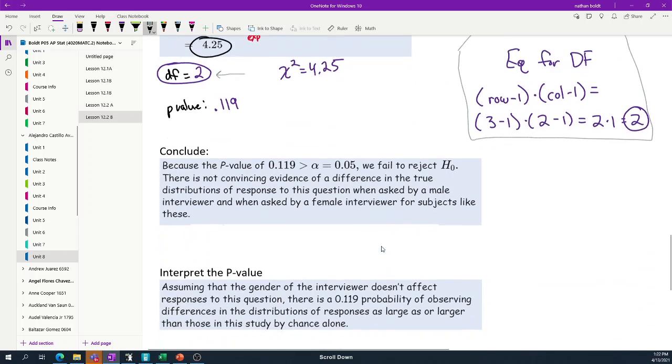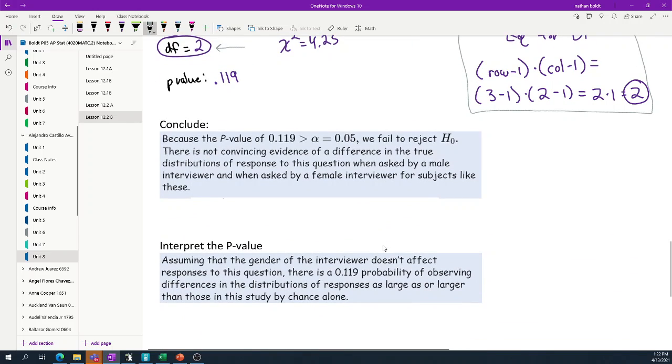And the last bit, the conclusion. The p-value is larger than alpha, so we fail to reject. This is all the same, I'm hoping, right? There is not convincing evidence of a difference in the true distributions of response to this question when asked by a male interviewer. That's just restating the alternative hypothesis. The structure here is the same that we've always done.